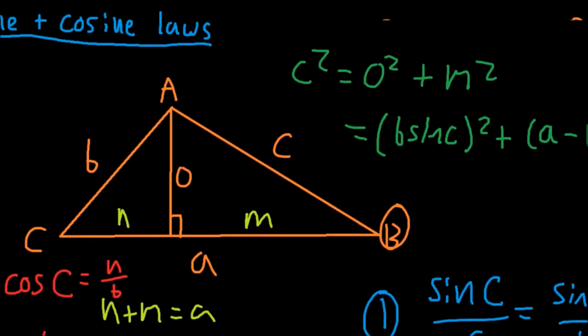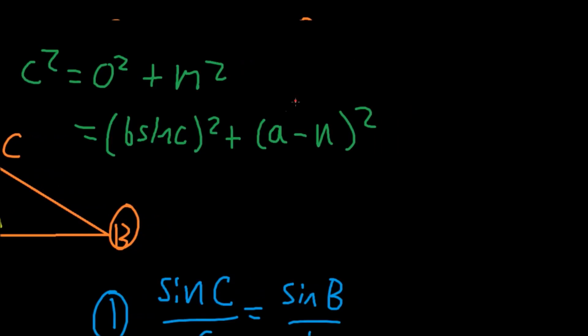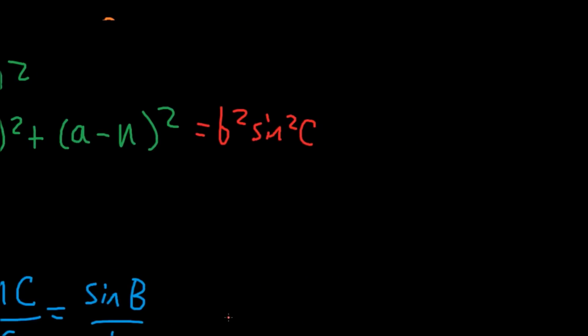Okay. So when we expand out the left side, the B sine C term, we're going to get B squared sine squared C. And when we expand out this right side, we're going to get plus A squared minus 2AN plus N squared. Okay, we're heading towards the right track here.